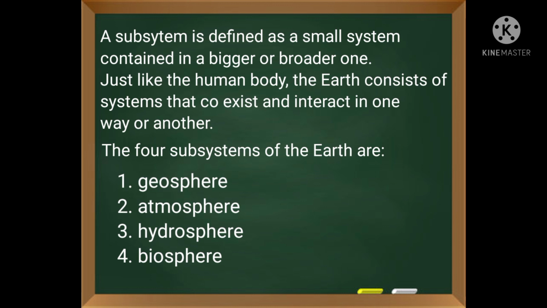The natural interactions that exist among these systems make life possible on this planet. In this lesson, you will learn about the features of each of the subsystems and explain that the Earth consists of these four subsystems across whose boundaries matter and energy flow.